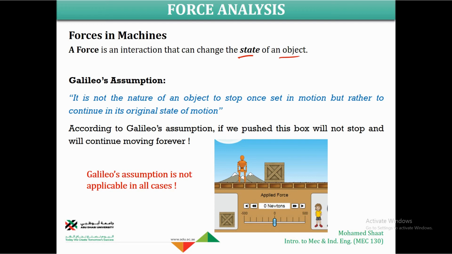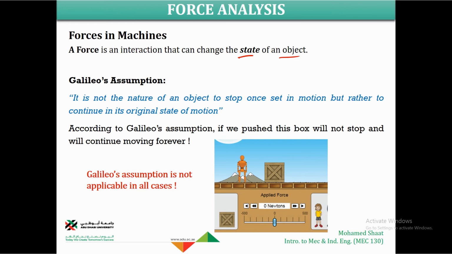We may have another box or another object that moves. So we're going to say that it's a state where this object is moving with a certain velocity and a certain acceleration, and we are going to describe the motion of this object.